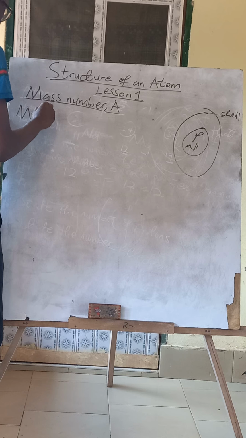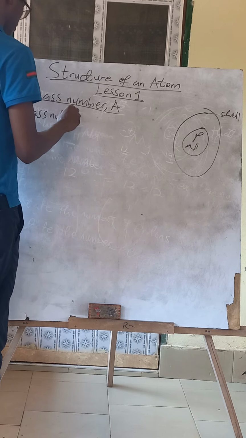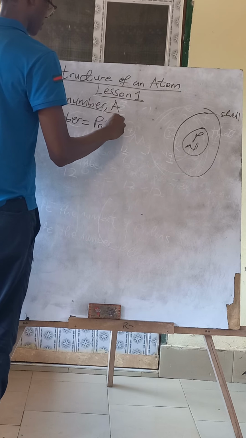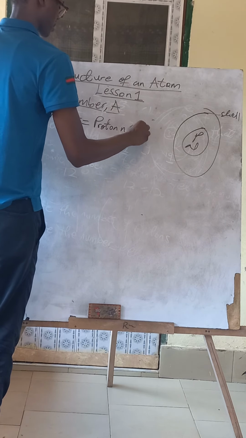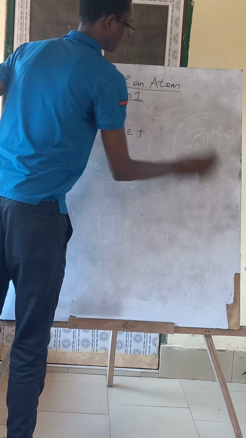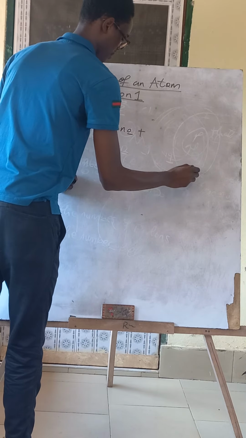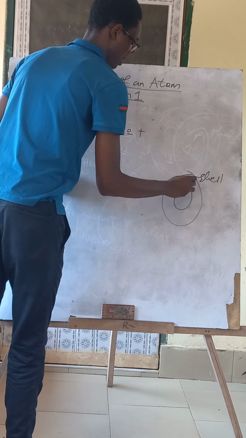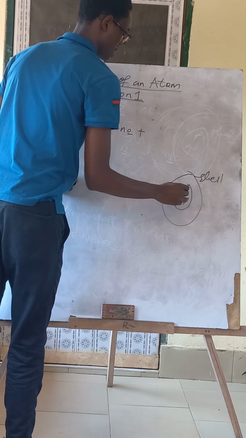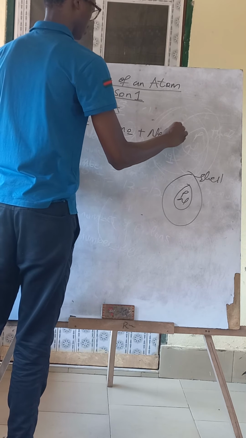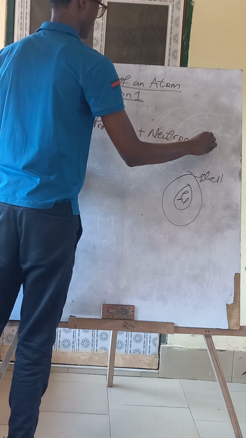Mathematically, we can say that the proton number and the neutron number come together to give us the mass number.